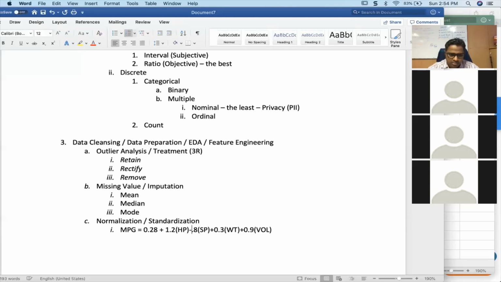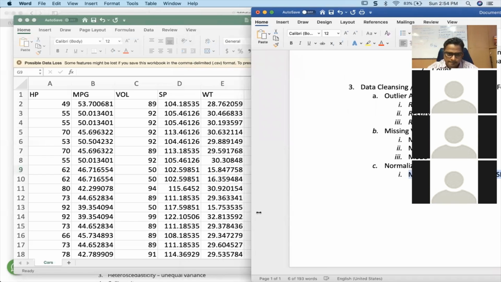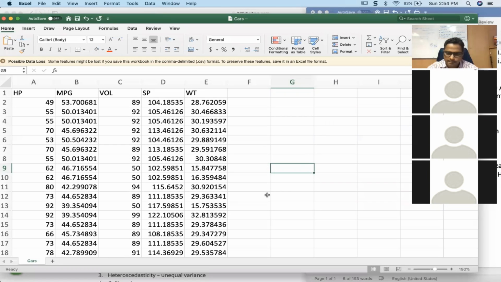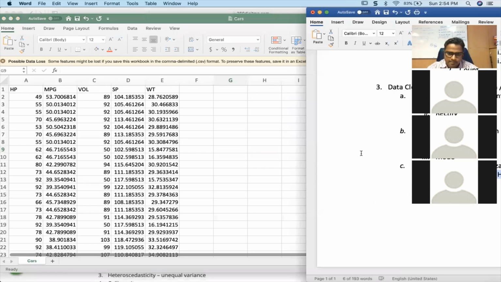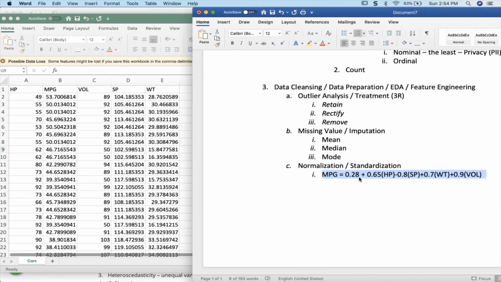Let me put 0.7 here. Now, if this is the data which is available and this is the equation that you have, which of the variables, horsepower, top speed, weight and volume, will have the least influence or impact on mileage? What do you think?